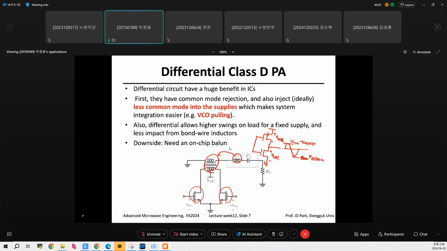But more importantly, if you construct a differential structure, it has common mode rejection.